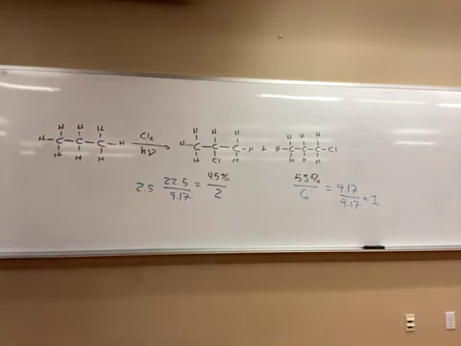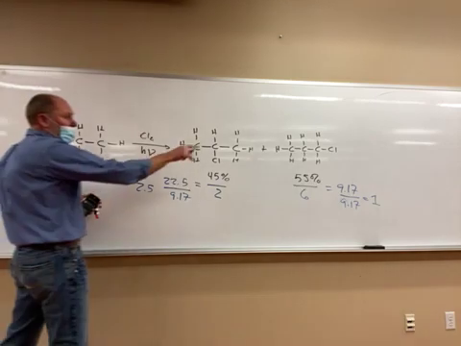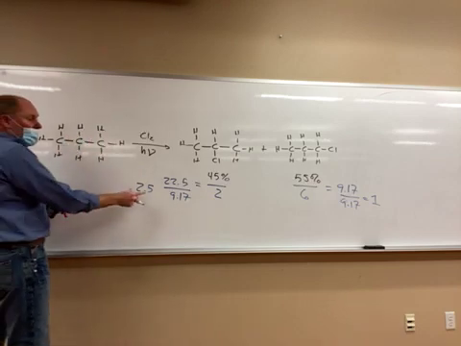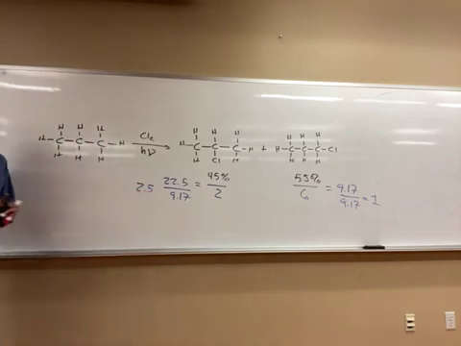So we roughly have about a 1 to 2.5 ratio of secondary over primary. So it is true that secondary are more reactive than primary. See how this is working?